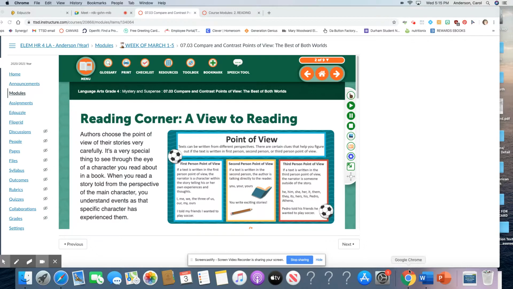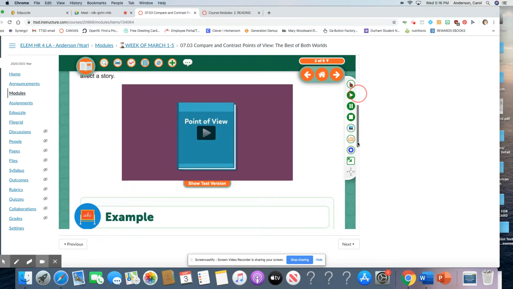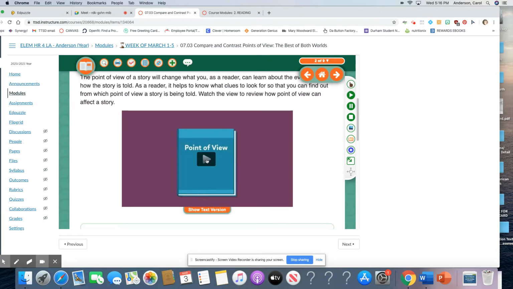So Pedro told his friends he wanted to play soccer is an example. All right, the next thing we're going to do is after you do your Edpuzzle, you are going to be reading the next story on page 12, which is The Pancake Thief. But before we do that, I'm going to scroll down to the bottom of page 2 on Florida Virtual, and we're going to watch this point of view video.